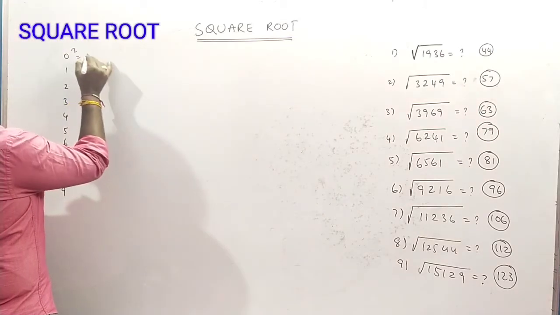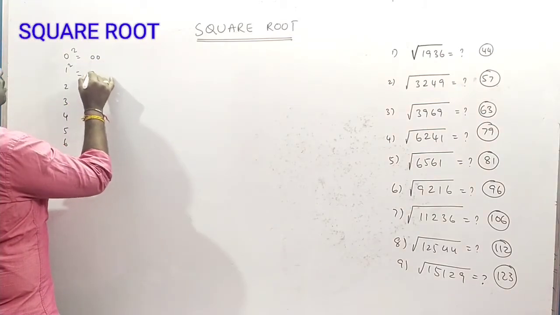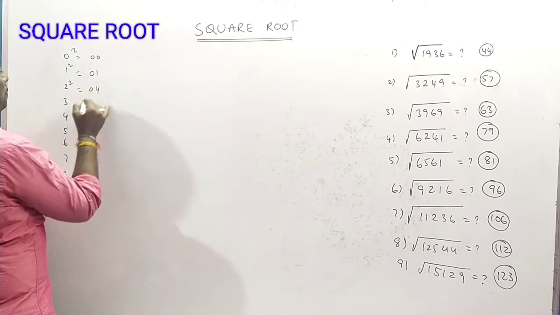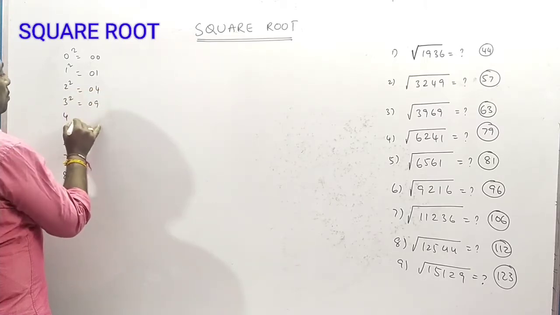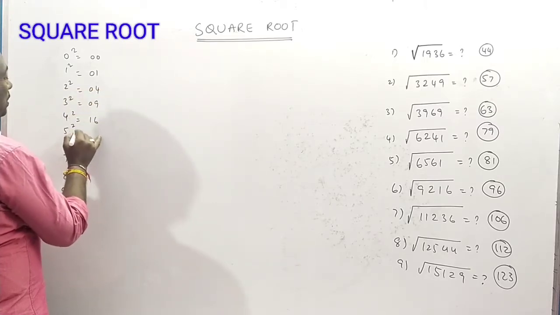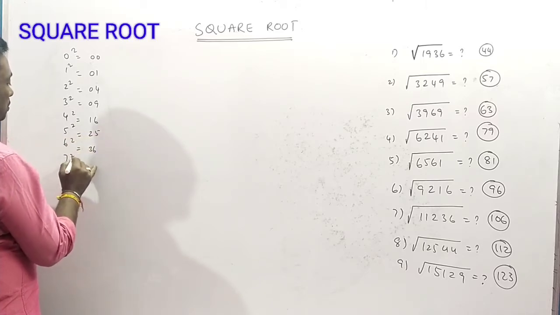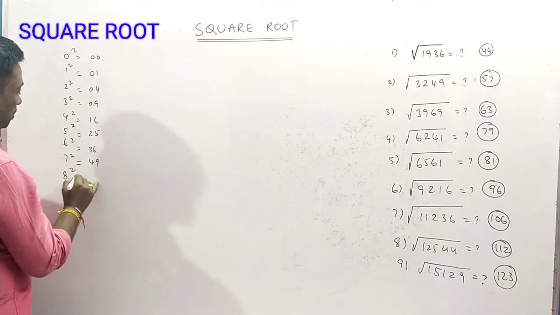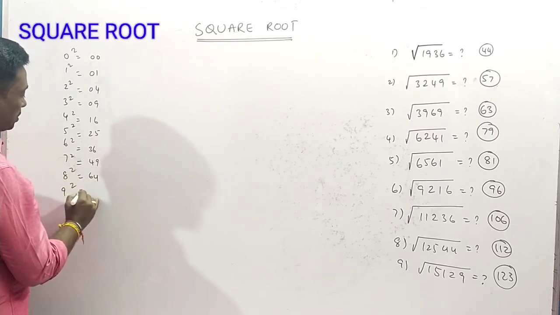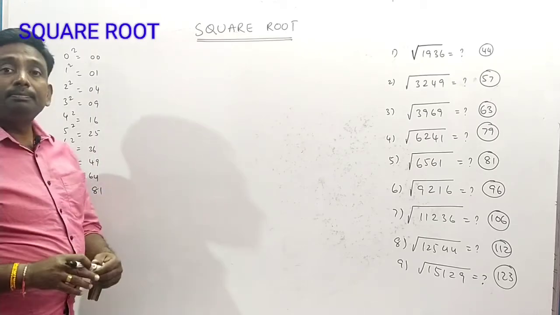Here 0 square is 0, 1 square is 1, 2 square is 4, 3 square is 9, 4 square is 16, 5 square is 25, 6 square is 36, 7 square is 49, 8 square is 64, 9 square is 81. We know that.